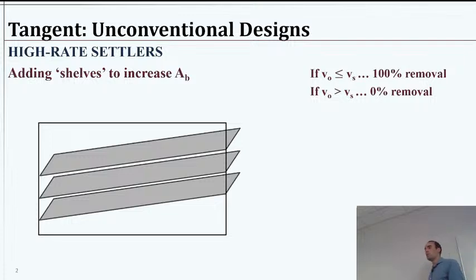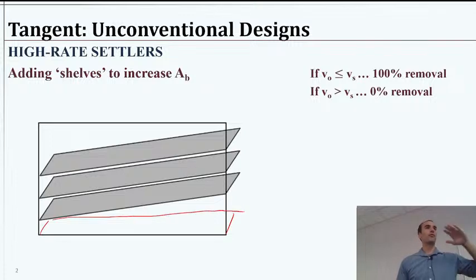But you can do it, and then essentially what you're doing is you're just adding shelves. You can flow the same amount of water, and now the particles have less distance to travel. And the way we are seeing that increase the area of the basin, essentially, is by artificially adding in more layers of area of the basin, right? It actually mathematically works out just that way.